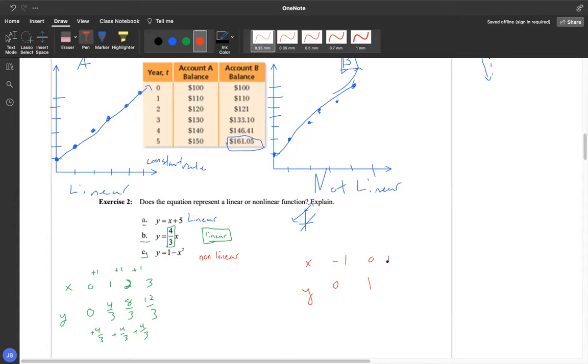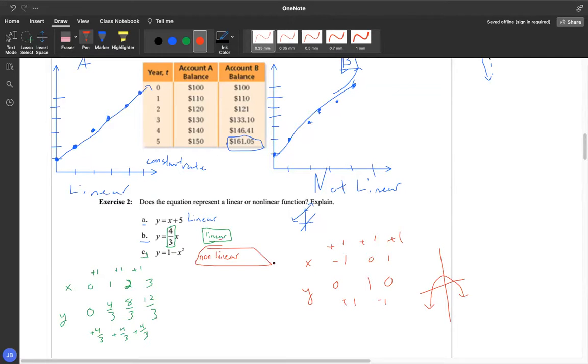But if x is 1, that's 1 squared, we get 0 again. So here, we're going up 1, up 1, up 1. And right here, we go up 1, but then we go down 1. So our rate changes. And so this one will look something like this, right? And so it's not linear.